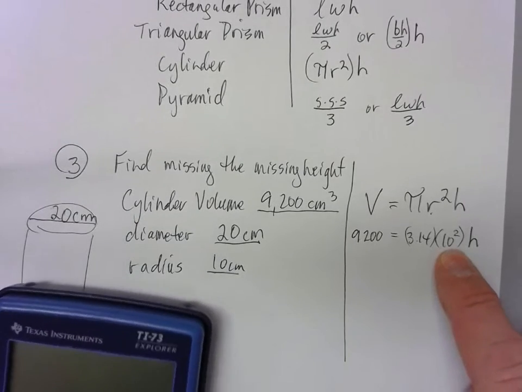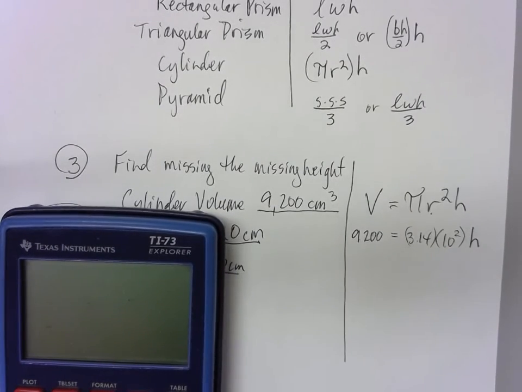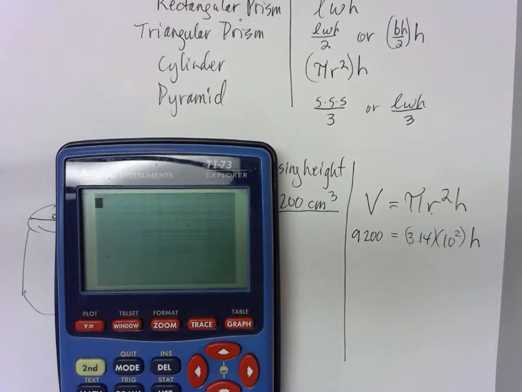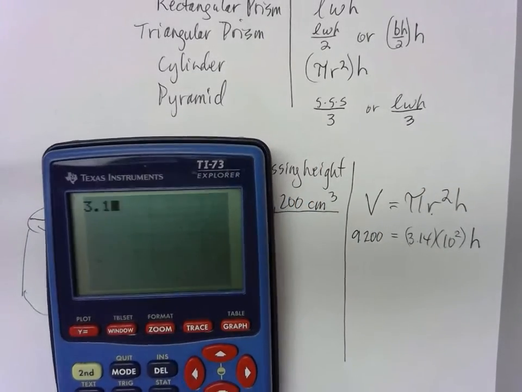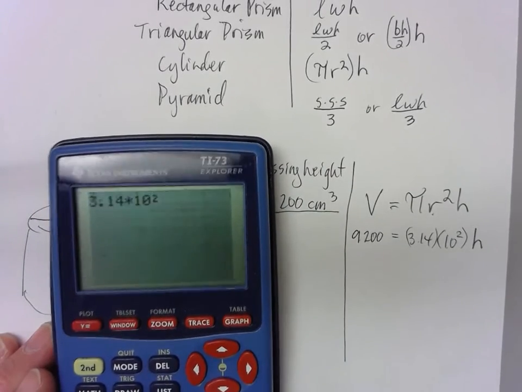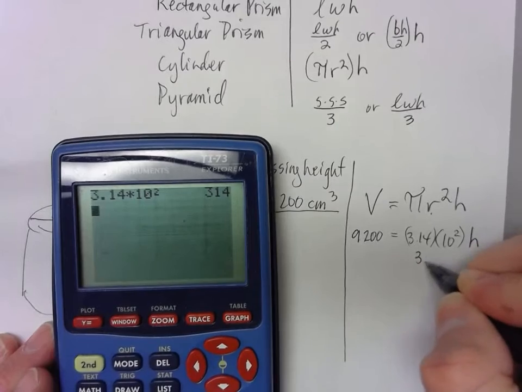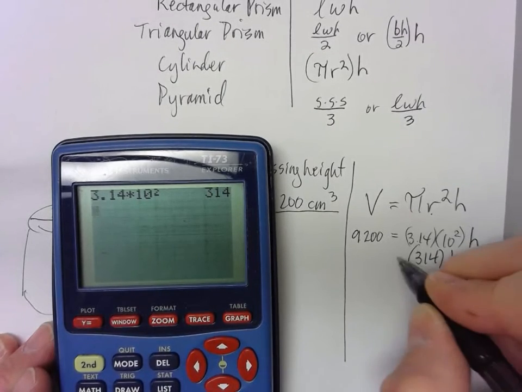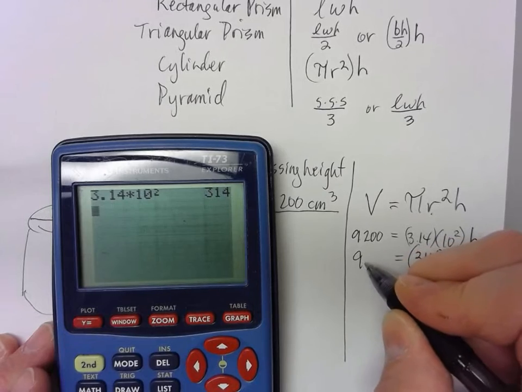Of course 10 squared is 100, and 3.14 times 100 would be 314. So 314 times whatever the height is going to give us 9,200.